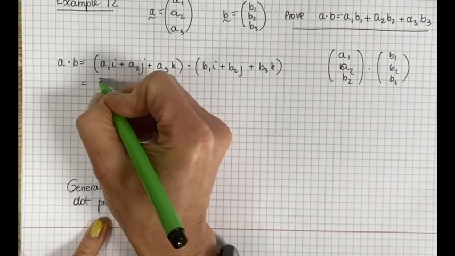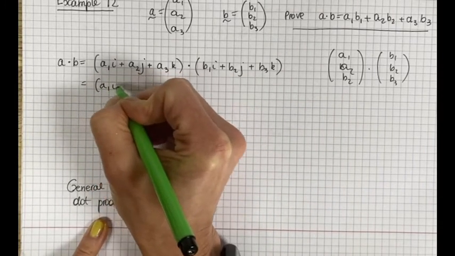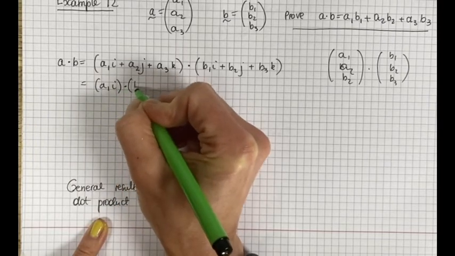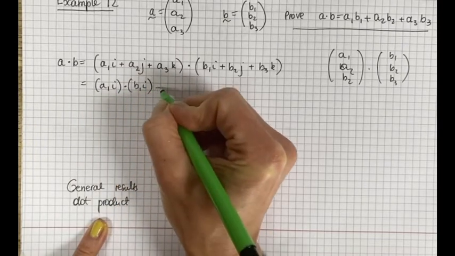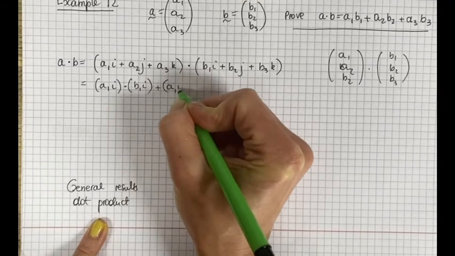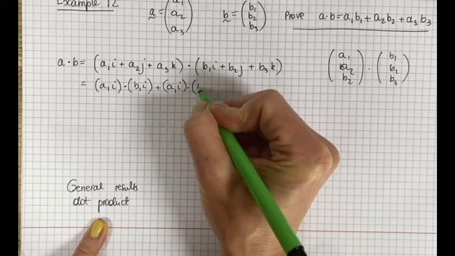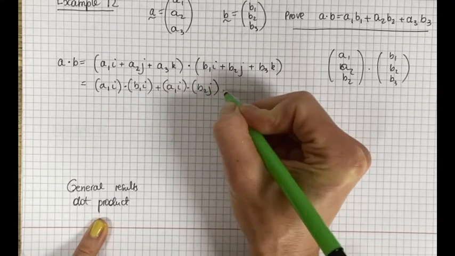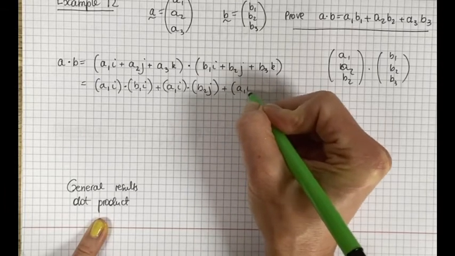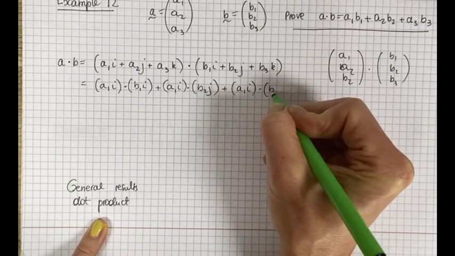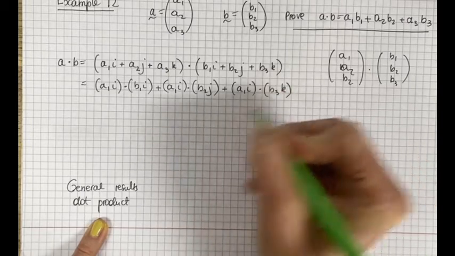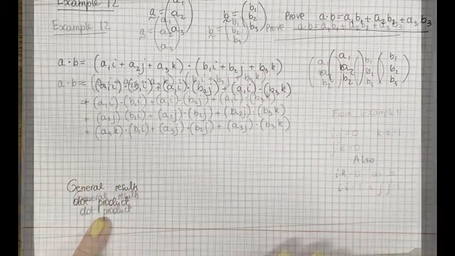Here we've got a1i dotted with b1i, then a1i dotted with b2j, then a1i dotted with b3k, and then we carry on like this.